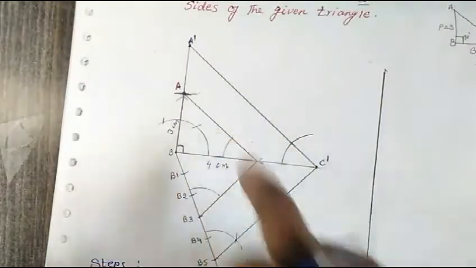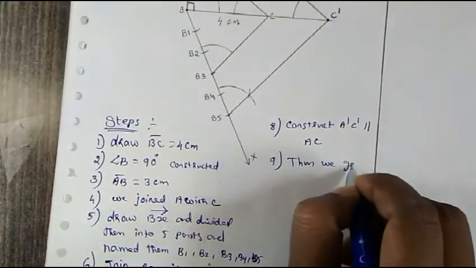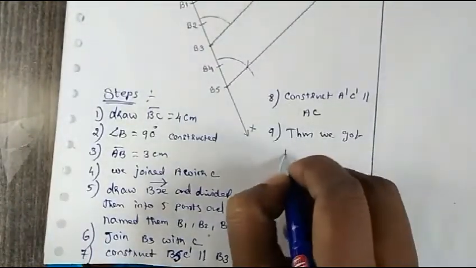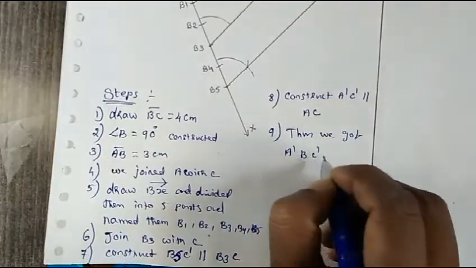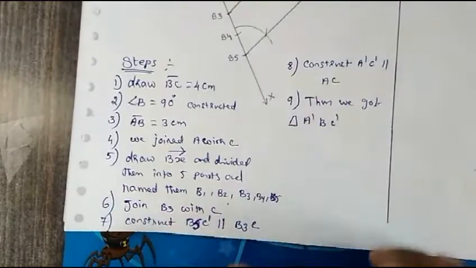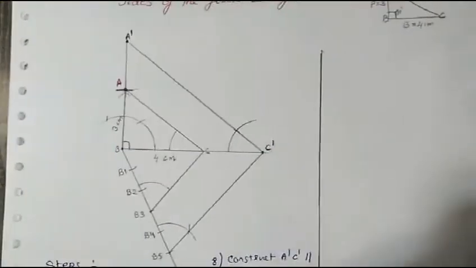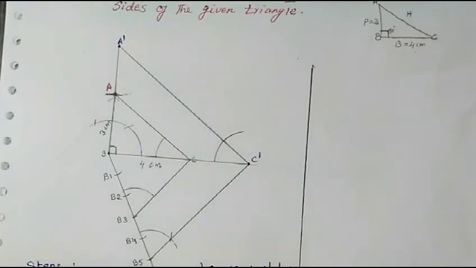Okay, so we constructed this, then thus we got triangle A dash B C dash. So that's it. You can write in your own words how you have done it, the same step by step.